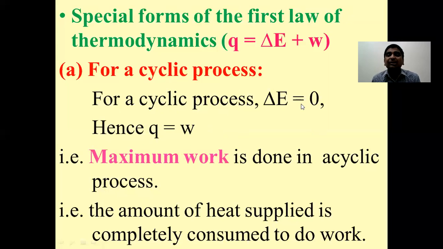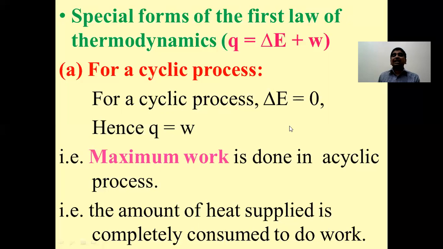Why is there no change in internal energy? Because it is a cyclic process, and in a cyclic process we know that its initial and final states are the same. And if its initial and final states are the same, the change in internal energy is 0. So here Q becomes equal to W. That is, we say that maximum work is done in a cyclic process. The amount of heat supplied is completely consumed to do work, and there is no change in internal energy.